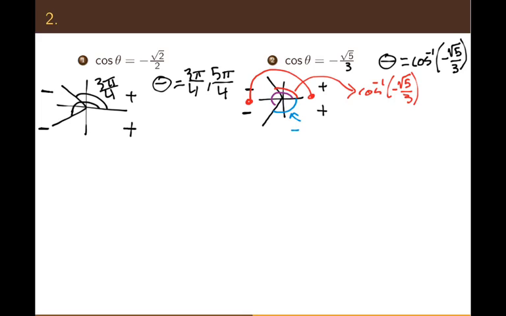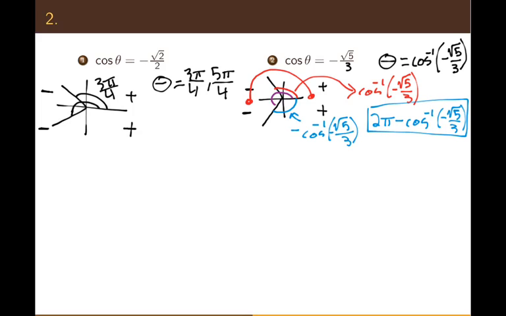So since that one is negative, the purple one is going to be 2 pi plus the blue one, which is a negative cosine inverse of negative square root of 5 over 3, as it's written there. So those are my two solutions. That guy and that guy.